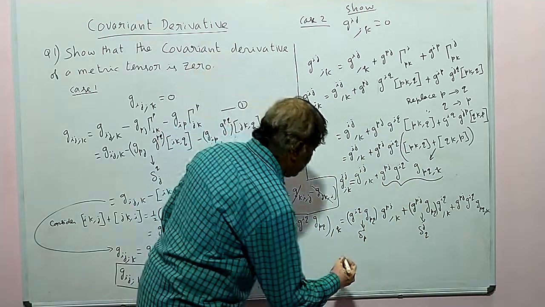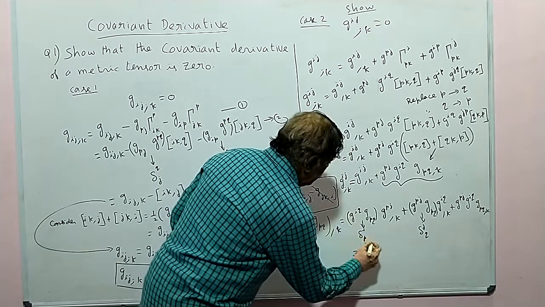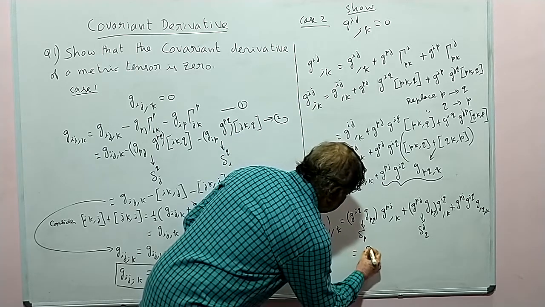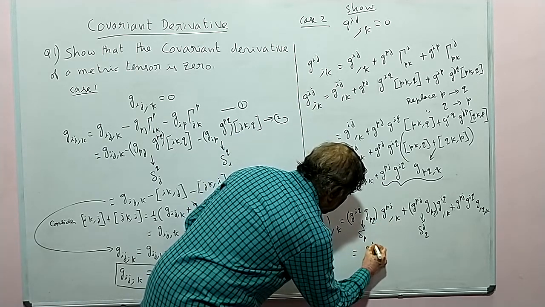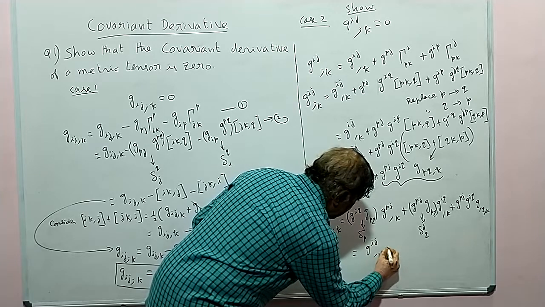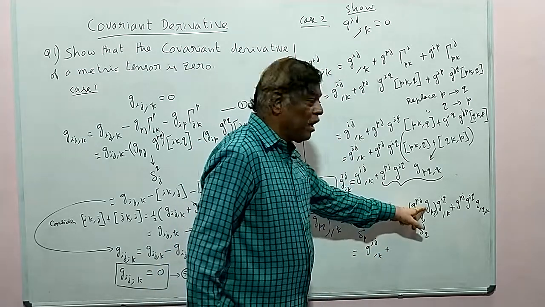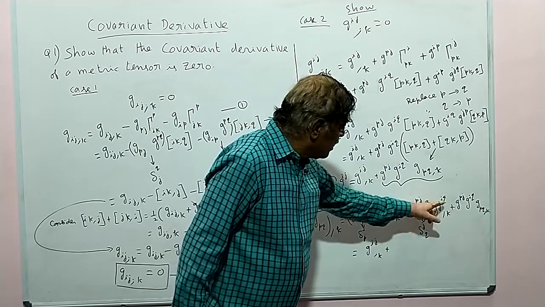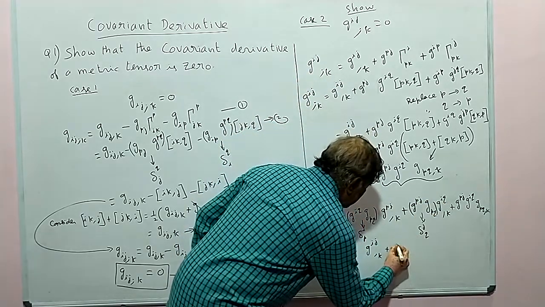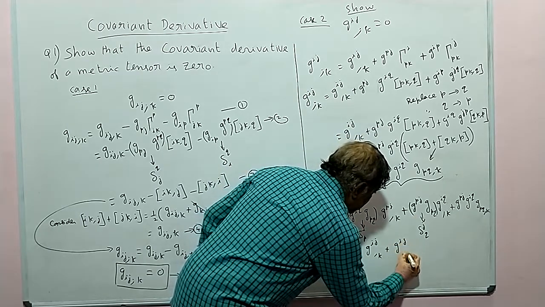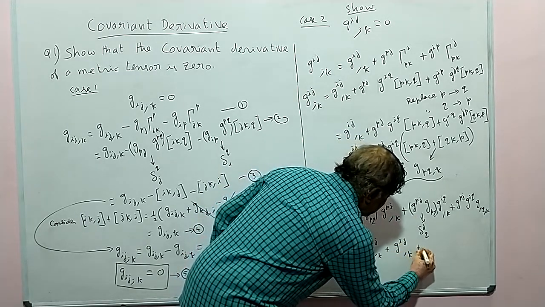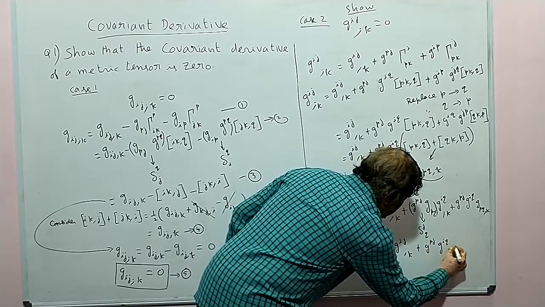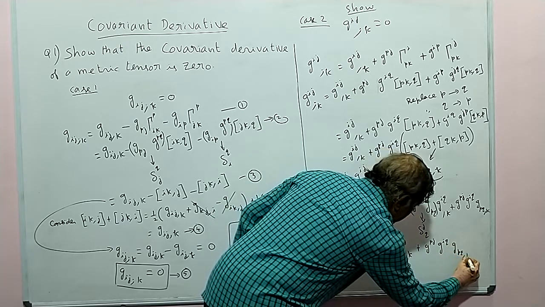Therefore, this is equal to, only the non-vanishing value will be when P is equal to I. Therefore, this term becomes g, P must be replaced by I, ij,k plus, now here the non-vanishing value will be only when J is equal to Q. So Q must be replaced by J. So this term again becomes g ij,k plus g Pj, g iQ, g PQ,k.